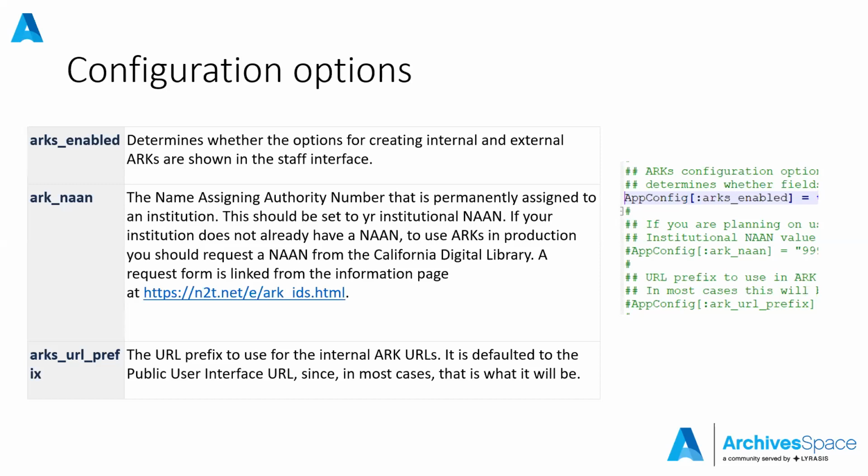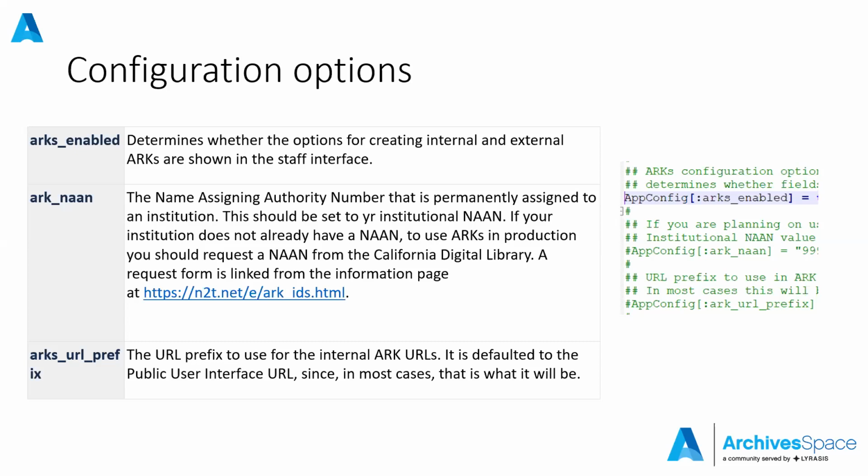To use the feature, ARKs enabled is kind of the key. So you need to set ARKs enabled to true, and that's going to make some things appear in the staff interface. And then the second thing that you're going to want to do if you want to create true, valid ARKs is get a NAAN from the California Digital Library from their service, and then indicate what that NAAN is in the configuration file.